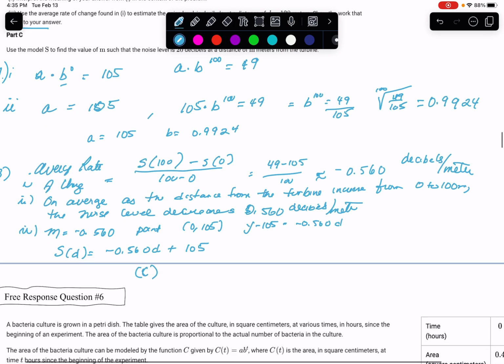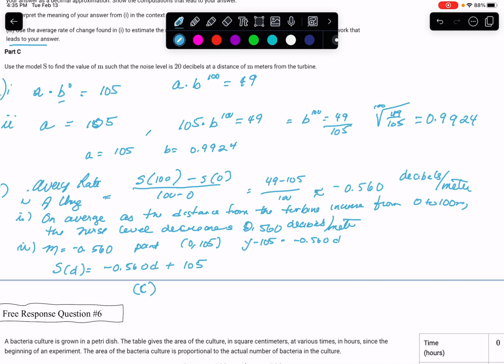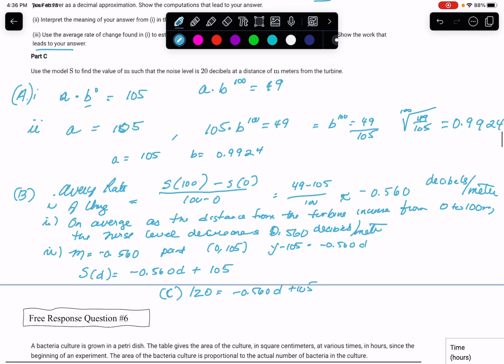Use the model to find the value of D such that the noise level is 20 decibels. So 20 is equal to negative 0.560 D plus 105. Wait a minute, find the distance at which the noise level is 20 decibels. I think I didn't do B all the way. Hang on.